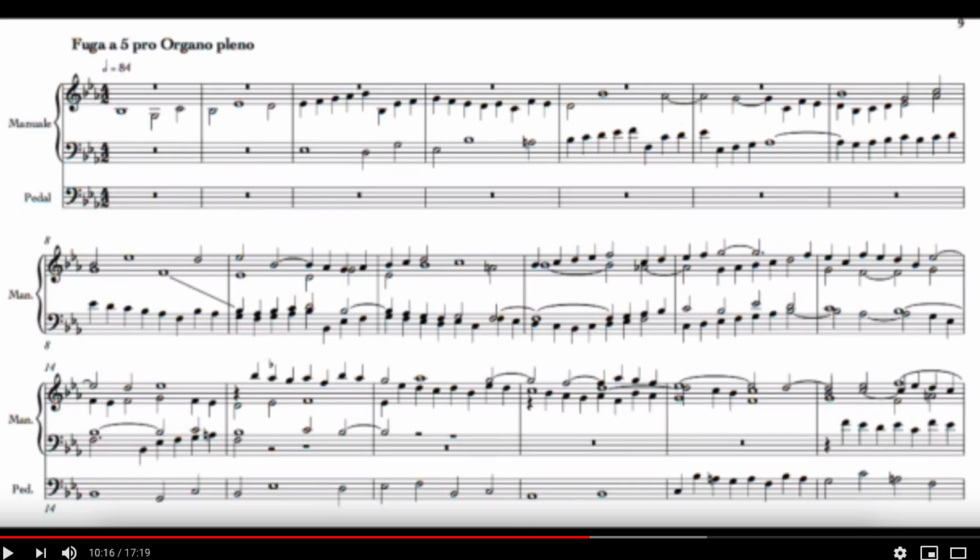So this is not a system that Bach put on his works. He didn't call his works BWV 552. A scholar came along later and said, we need to catalog all of Bach's works, and they put these numbers on them to help us keep track of the insane amount of works that Bach wrote.